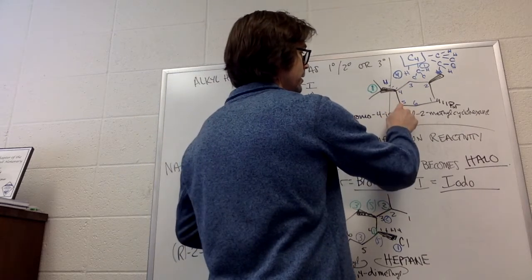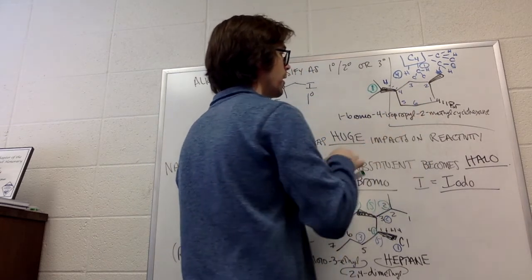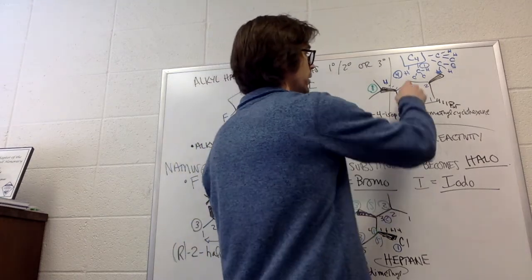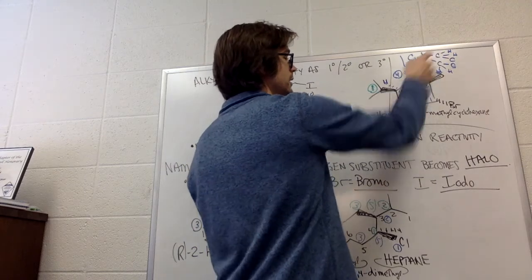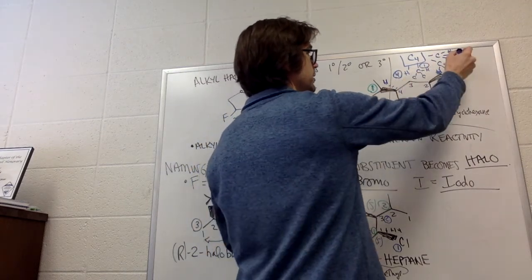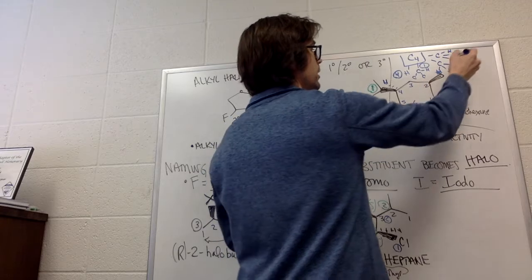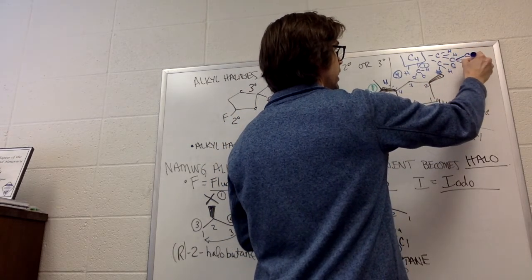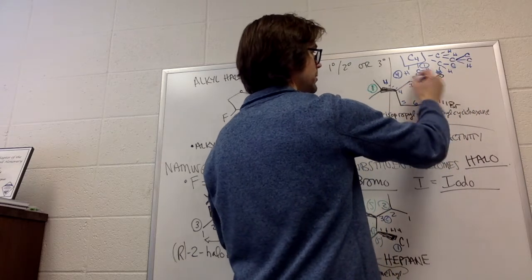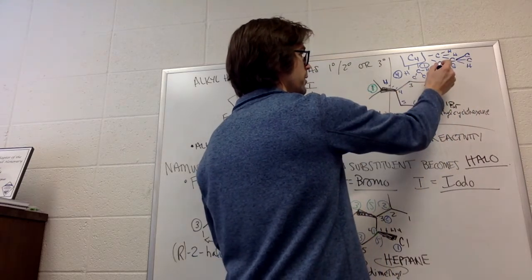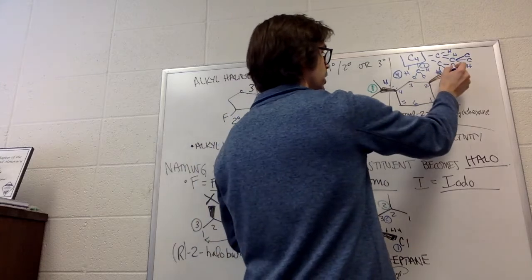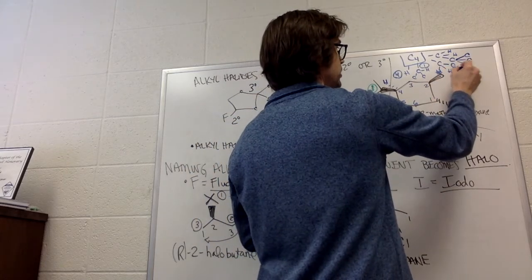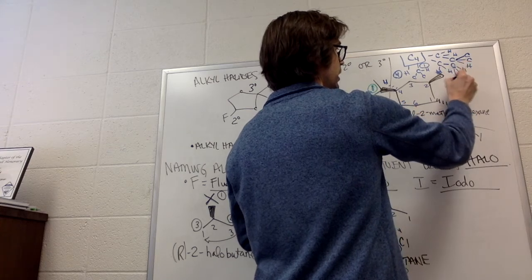These two tied, so then we go one further. This carbon is attached to a carbon and an H. So that was on the top side. This carbon is that carbon, attached to an H and a carbon.